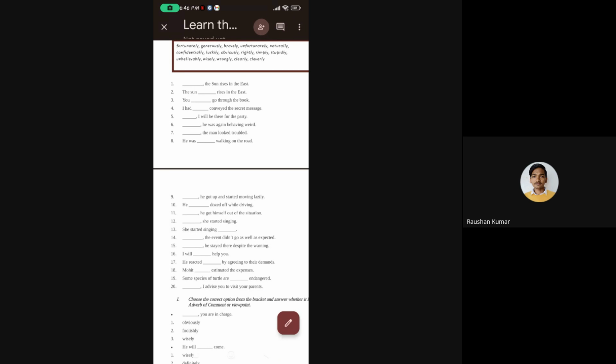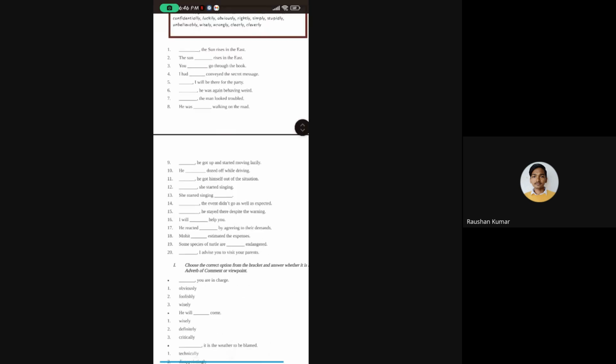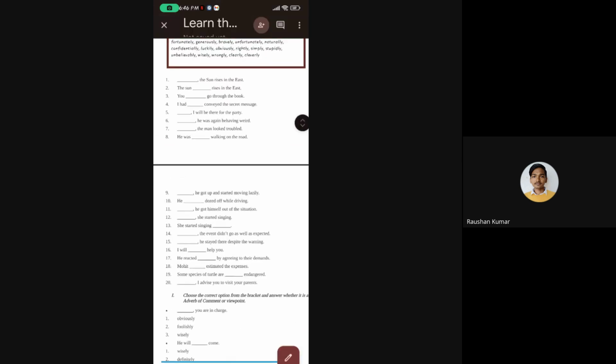Of course, none of it is structurally wrong, but without any more context, I think we will stick with whatever we have otherwise. But it's a weird sentence, to be honest. I don't know what would fit there aptly, but let's see. Simply. He was simply walking on the road. Yes, that would go. Rest of the words, I don't think any would look good there. Simply is okay.